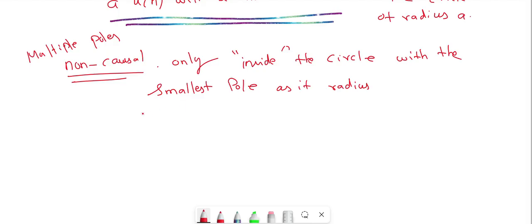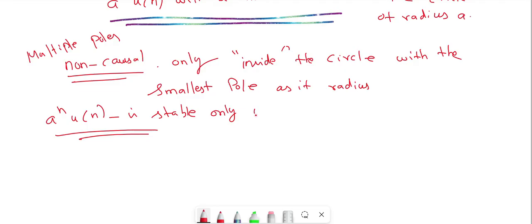Now the system defined by a power n, u of n is stable only if the ROC contains the unit circle.